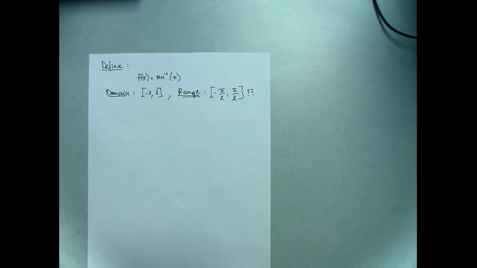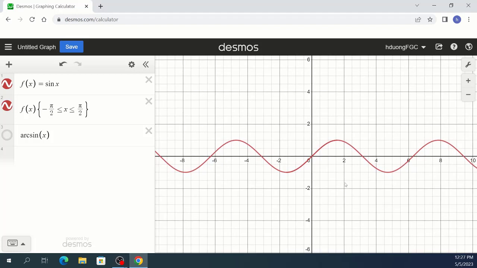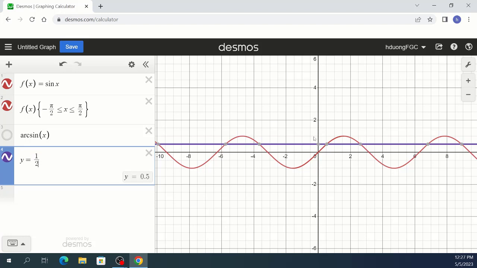From pre-calculus 1 that we have learned, this is the graph of sine of x here. Does everybody agree? We've seen all of that. Having an inverse function, a function like this fails to be one-to-one because think about a horizontal line right here, y equals 1/2, for example.